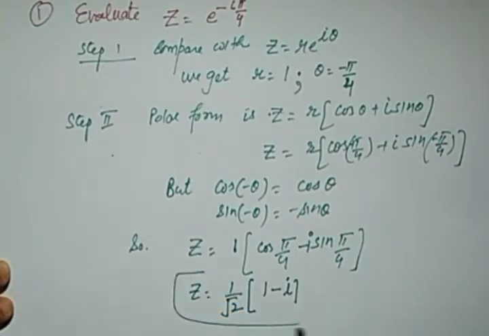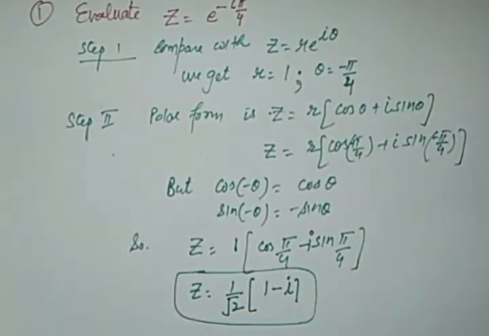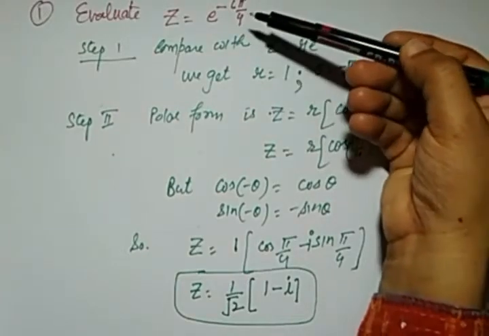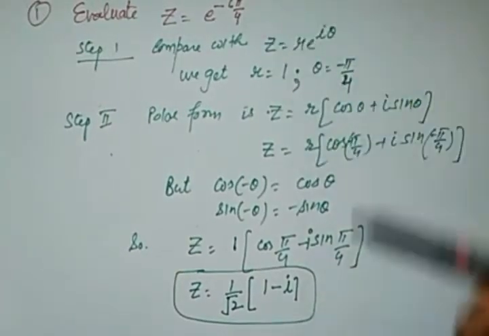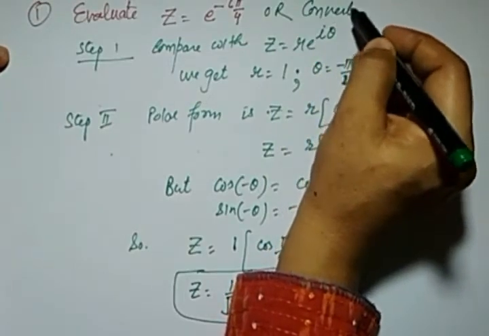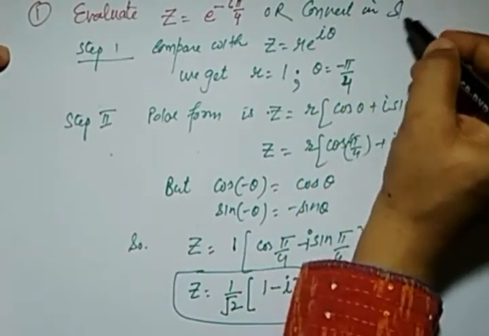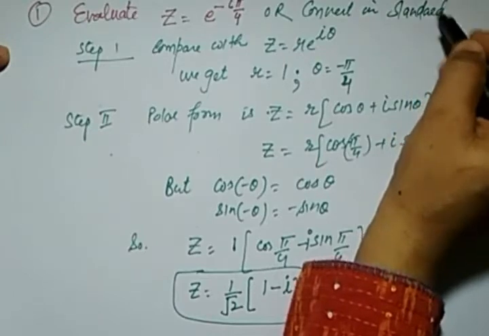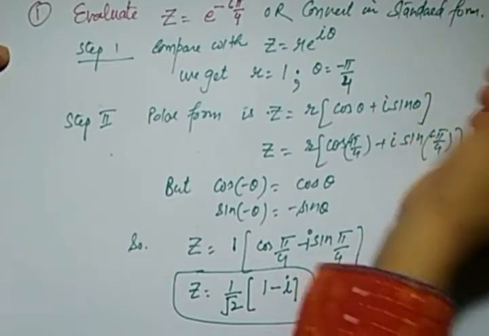This is the simplified form of our complex number. Or you can say we have converted this exponential form into the simplified rectangular form, or convert in standard form. It is one and the same thing.